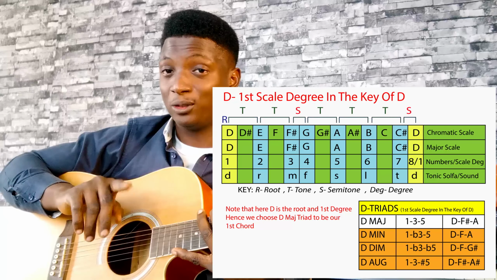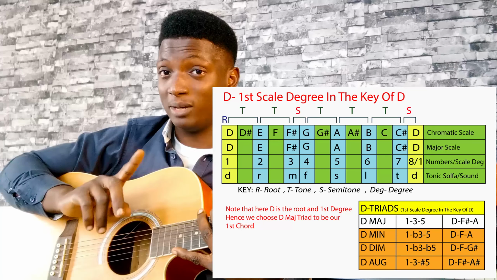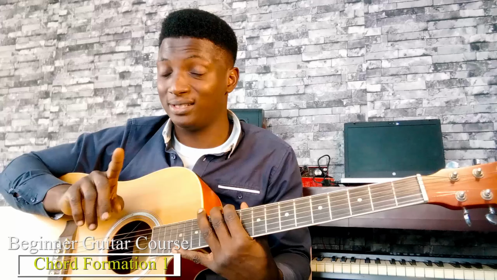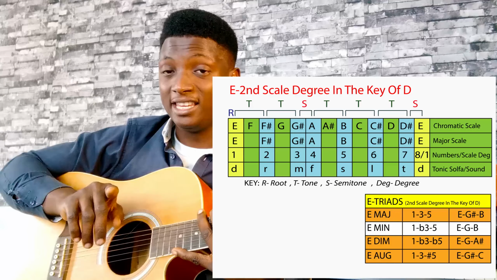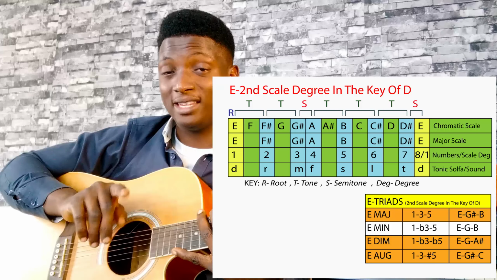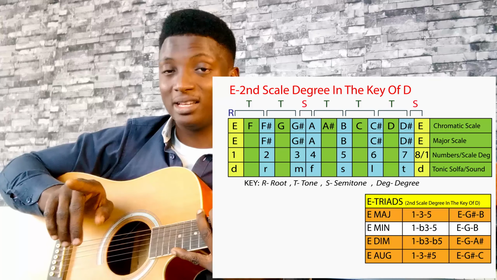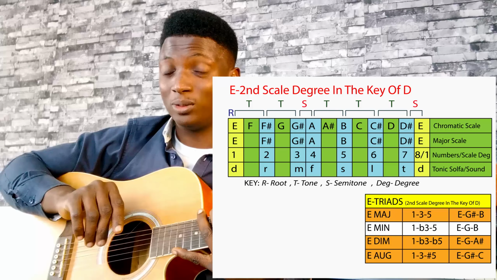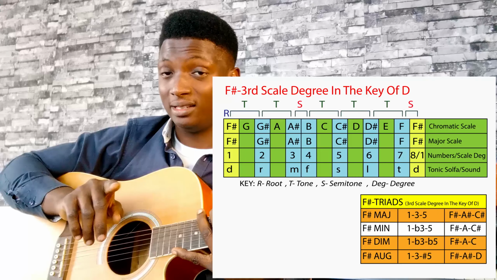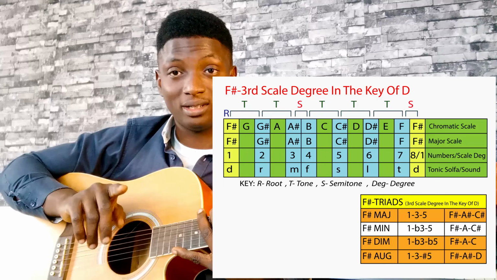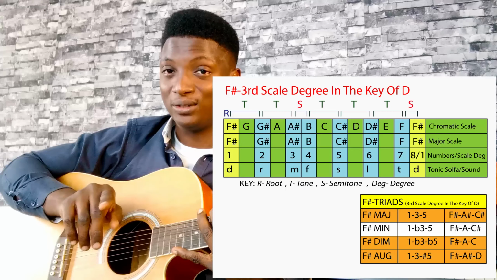So I'm not choosing D minor this time around because my 1 chord is always major, as you can see. My 2 chord is going to be E minor if you write it out. The same thing, you get your 3 to be F sharp. In the key of D, F sharp is going to be your 3rd degree, which will be F sharp minor.